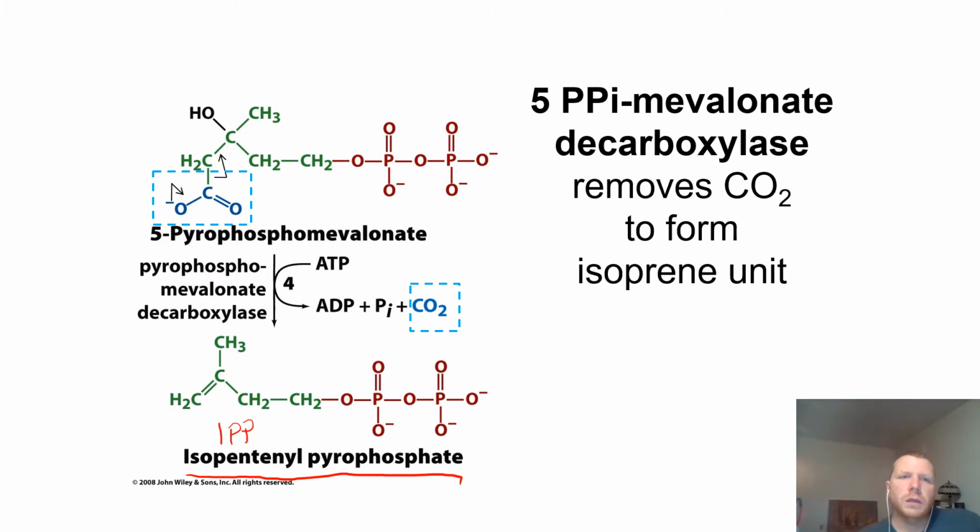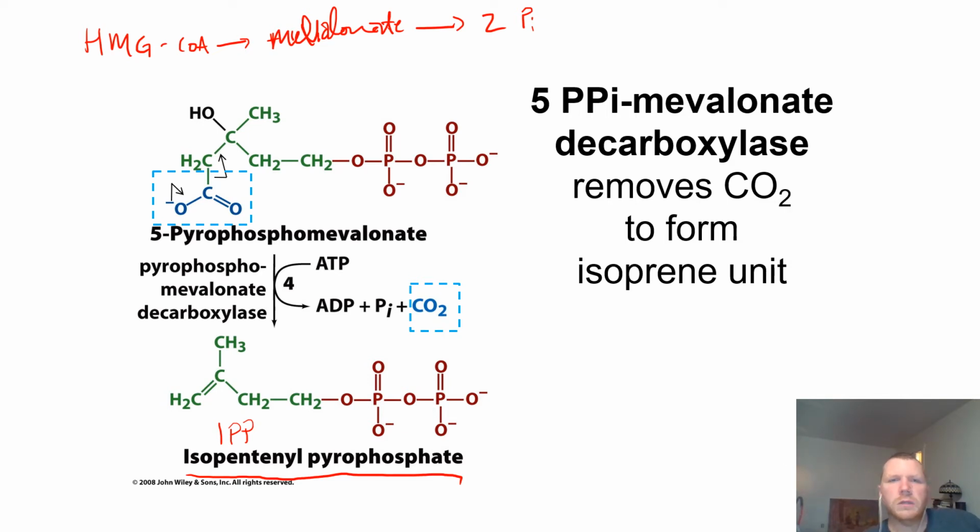So we had HMG-CoA, and what we did to that was we converted this to mevalonate, and then to that mevalonate we added 2 Pi's to make our 5-pyrophosphomevalonate, and now we decarboxylated it, and all of a sudden we have IPP.